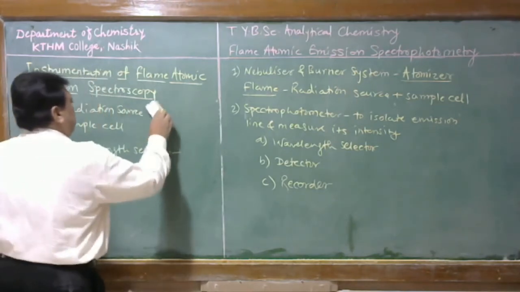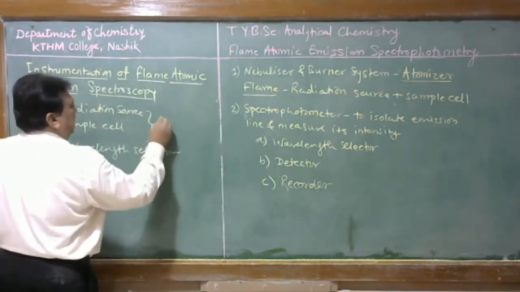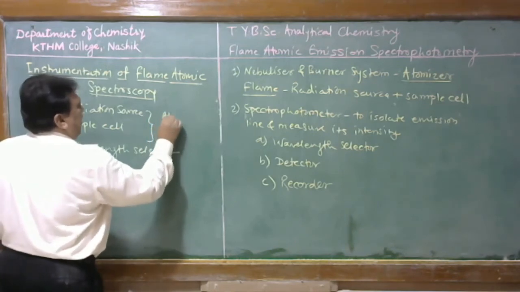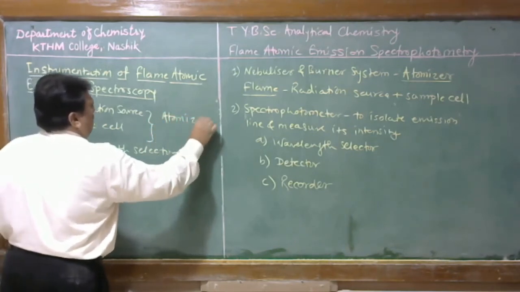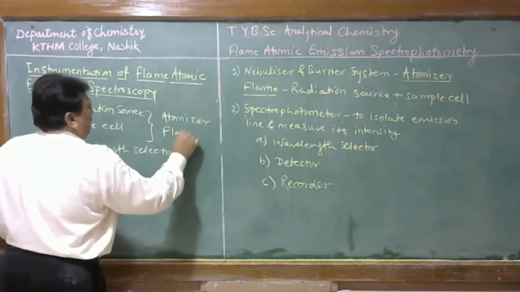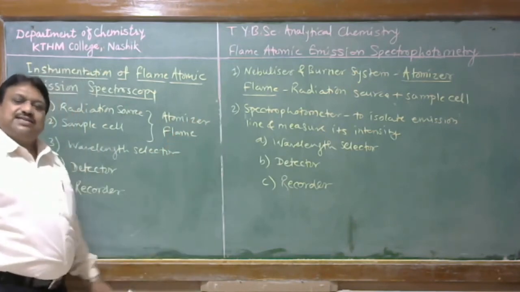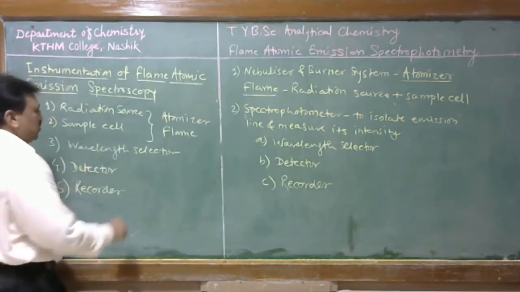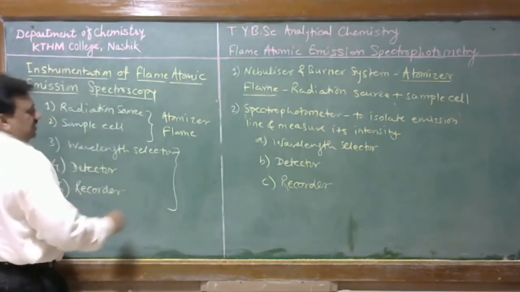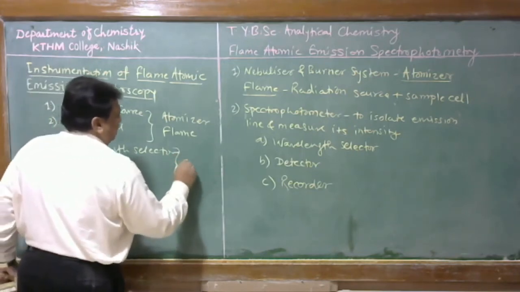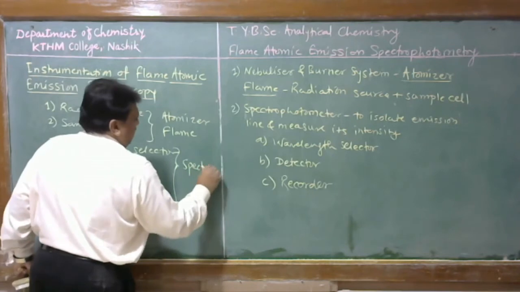Therefore, here these two components are provided by an atomizer or a flame. Flame atomizer acts as a sample cell as well as a radiation source, and these 3 components are given by the spectrophotometer.